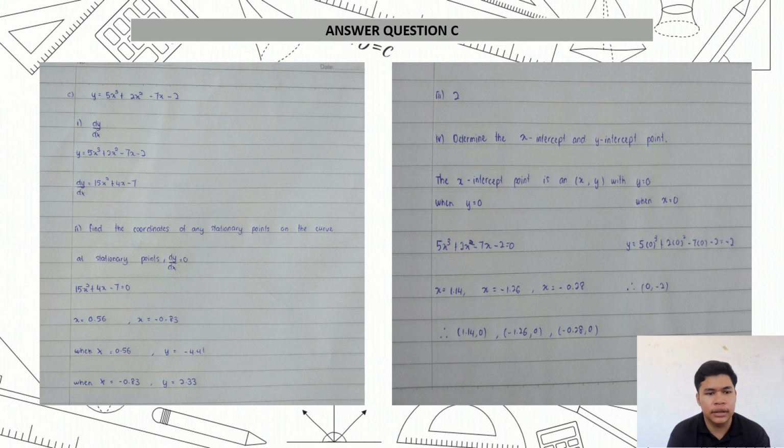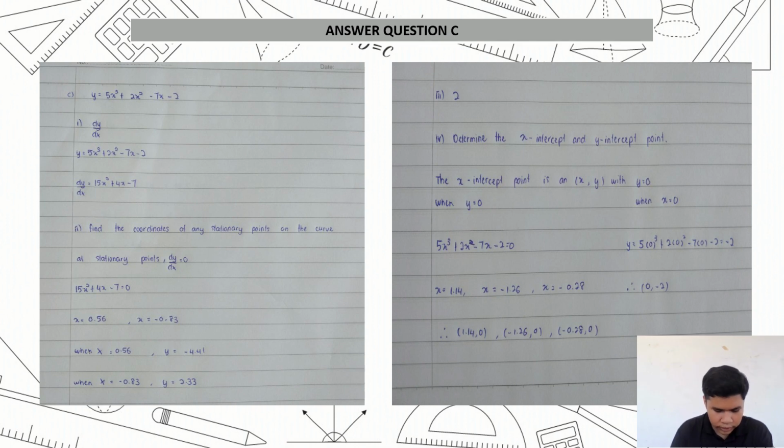When x equals 0.56, y equals negative 4.41. When x equals negative 0.83, y equals 2.33. Question 3. How many stationary points does the graph have? The answer is 2 from the previous question.